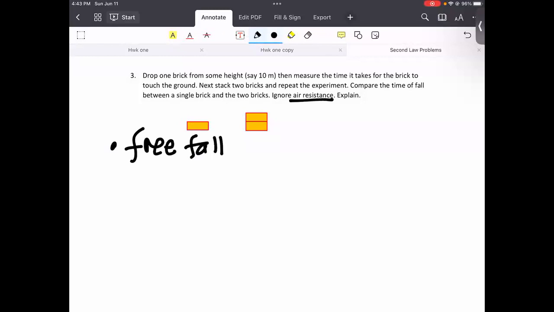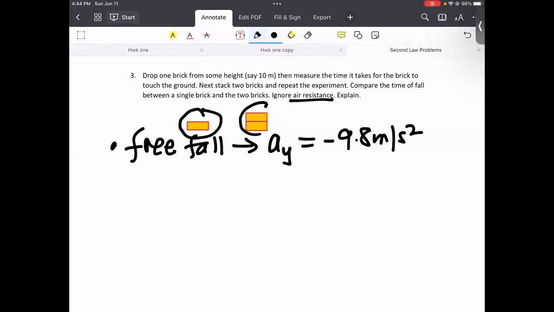When that is the case, then we can say that the acceleration in the y direction is actually minus 9.8 meters per second squared. So this doesn't matter, whether I'm talking about this only or both of them, the acceleration is the same.